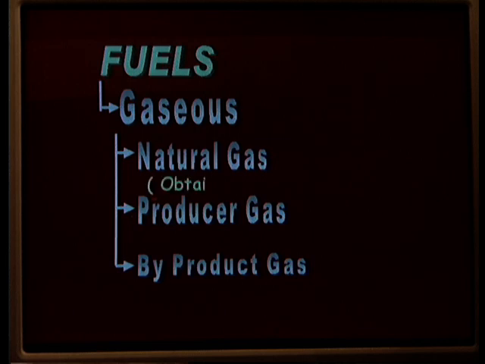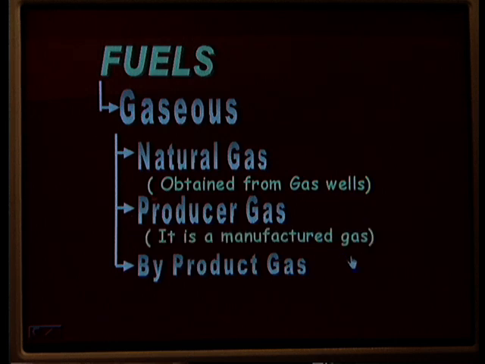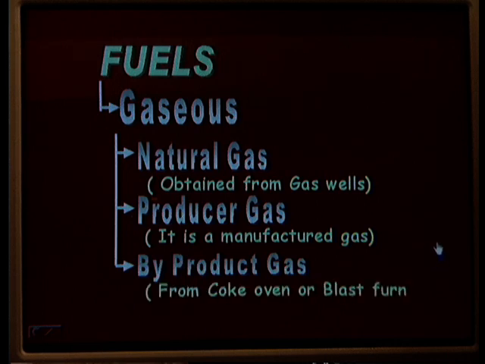The natural gas is obtained from gas wells, whereas producer gas is a manufactured gas, and the byproduct gas is from coke oven or blast furnace. The same advantages what we have for liquid fuels, the same advantages we can state for the gaseous fuels. The system is clean, number of auxiliaries are less, less space is required, isn't it?